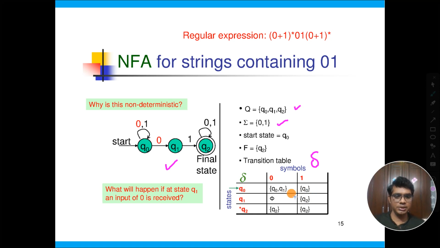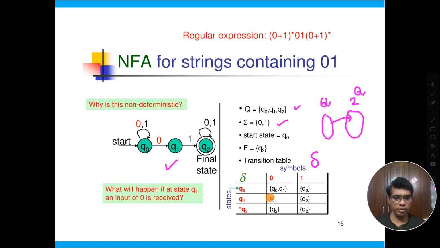These are the next states. The transition function maps from one state to another state based on the input. The domain is Q and the codomain is 2 power Q. So the entries of this table should be subsets of 2 power Q.